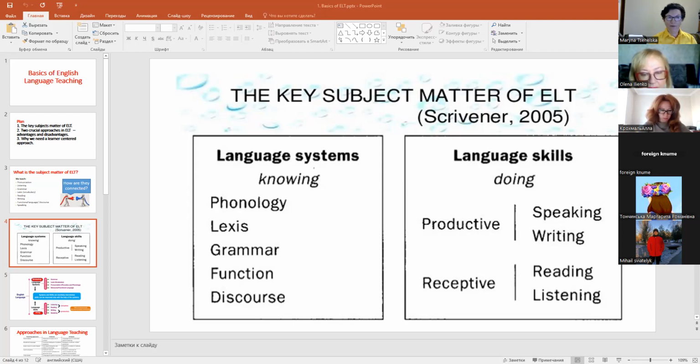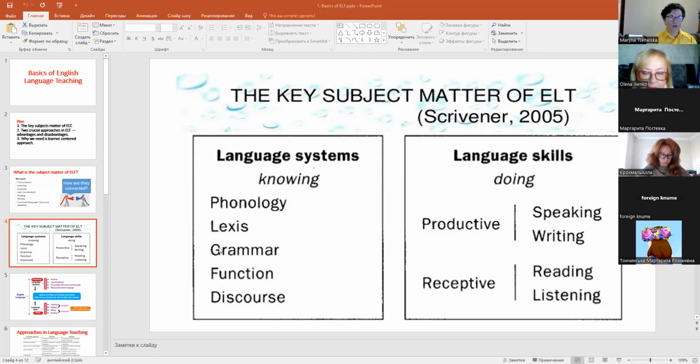But the focus of English language teaching is actually on doing, on the language skills. We teach how to do, how to produce and how to receive the information. So actually, we need to teach productive and receptive skills.